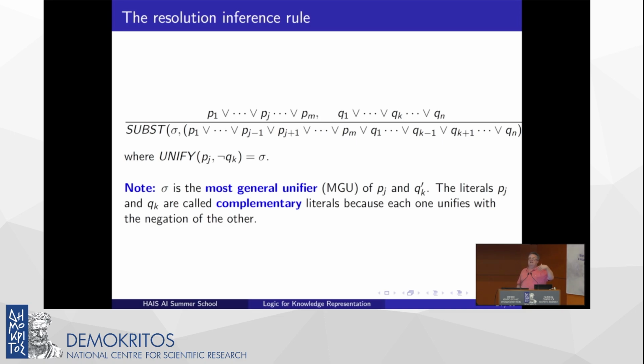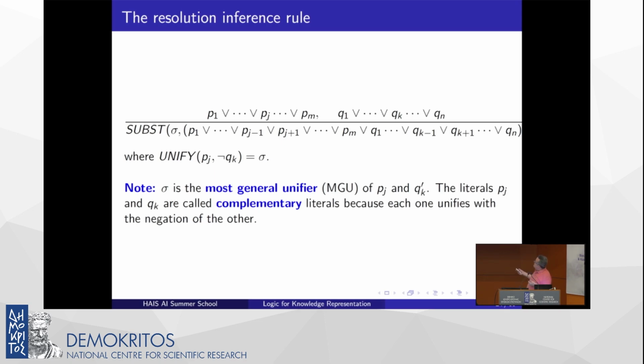So one, let's say, is P of A, where A is a constant, and the other is not P of X. If we substitute X, which is a variable, by A, then we have P of A and not P of A, they become the same modulo the negation symbol. Okay? So all these things you have to specify formally. You have to give a unification algorithm for finding this and so on. But the idea is very simple.